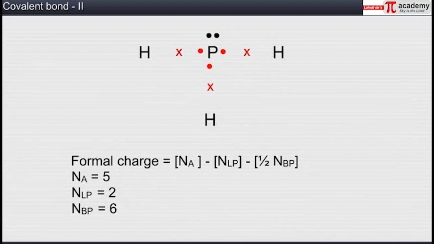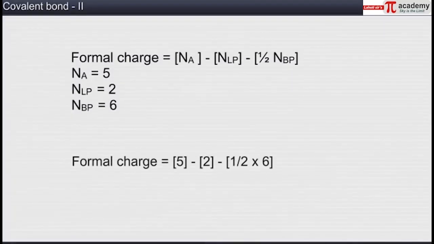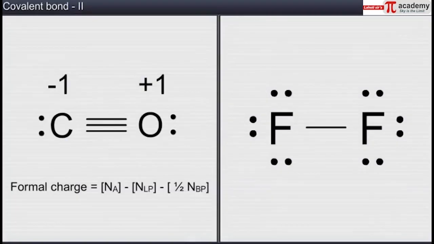There are 6 shared electrons among 3 hydrogen atoms and 1 phosphorus atom. Therefore, the formal charge is 5 minus 2, minus half of 6, which is 3. This gives us the formal charge as 0. The Lewis structure and formal charges are applicable only to the molecules formed by covalent bonding.